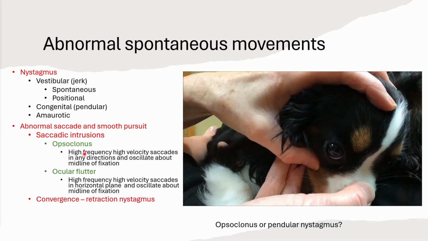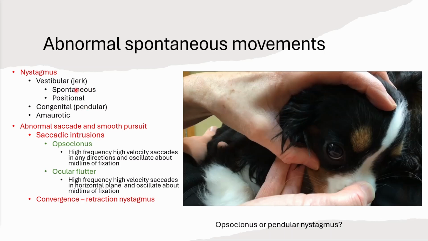We can have abnormal saccadic movements. These can sometimes be very difficult, I find, to tell the difference from nystagmus. The classic nystagmus is vestibular, where you have a kind of jerk movement, which can be either spontaneous or positional.